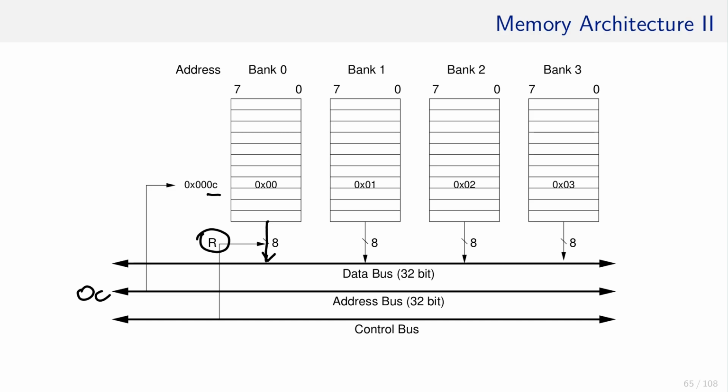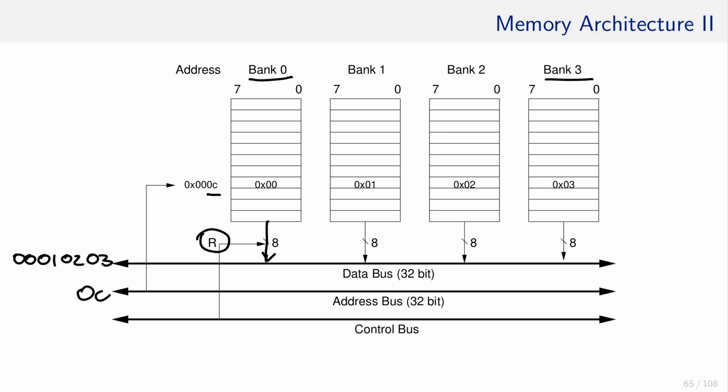Every bank in the figure contributes 8 bits to the complete dataset. For instance, bank 0 takes care of the most significant byte, while bank 3 of the least significant one. Therefore, on the data bus, the data will be 00, 01, 02, and 03 in hexadecimal format.